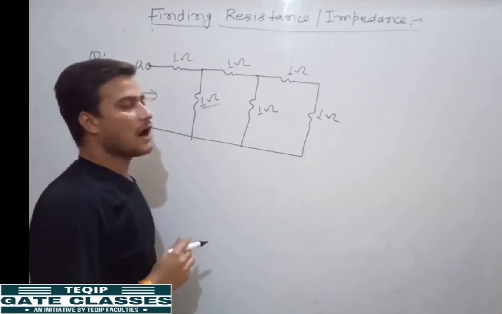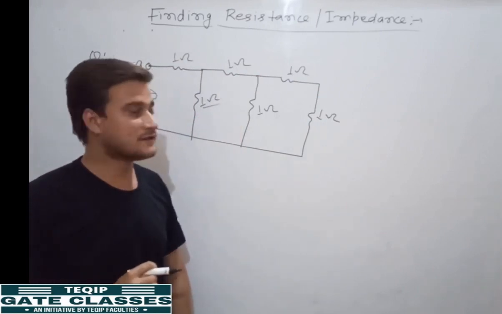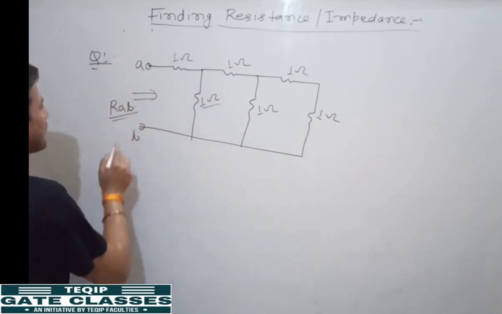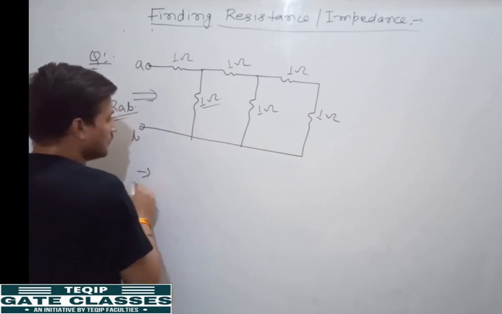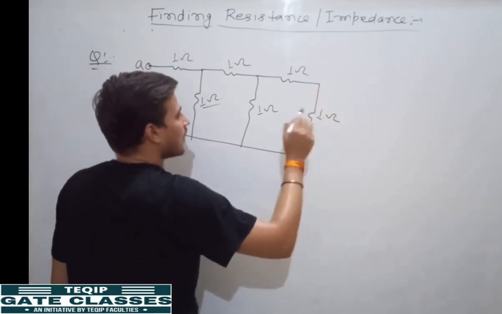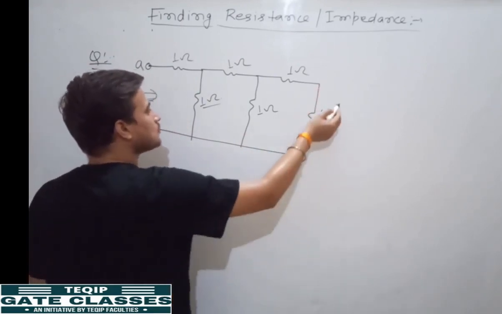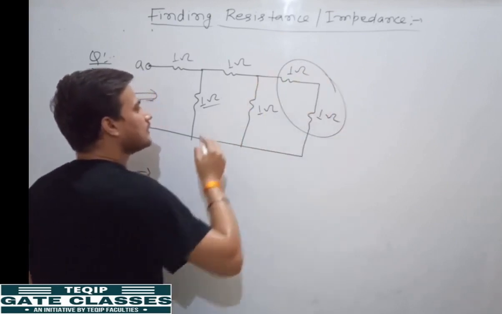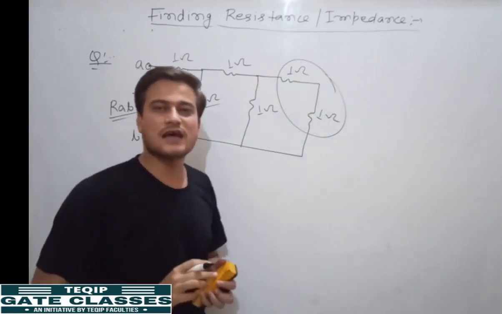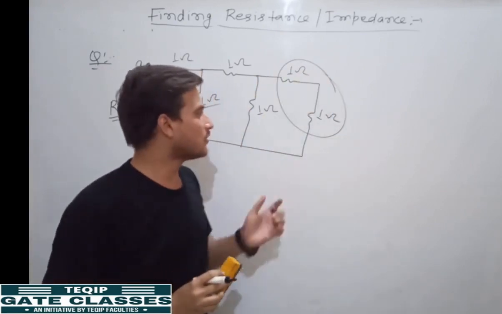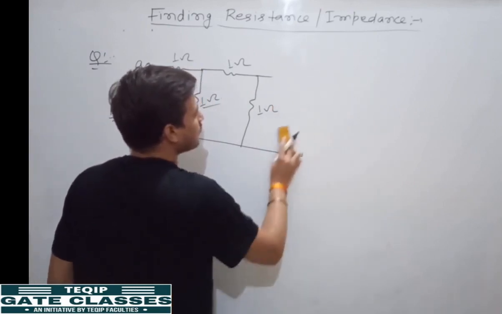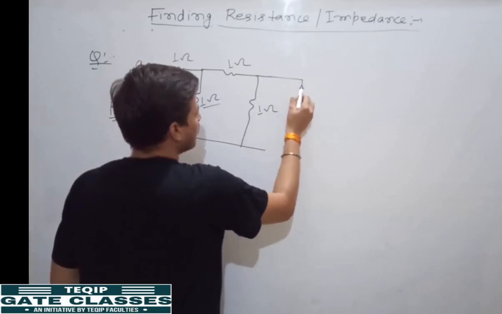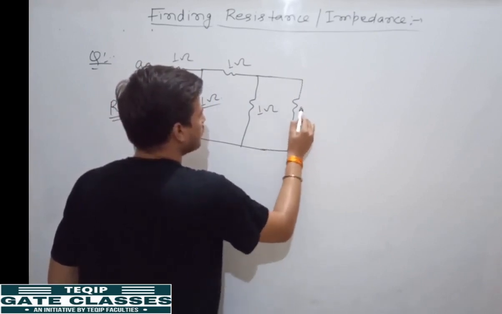So let us see how to find the equivalent resistance. You will have to start from the last terminal. You see that these two resistances are connected in series. So the equivalent resistance will be 2 ohm.